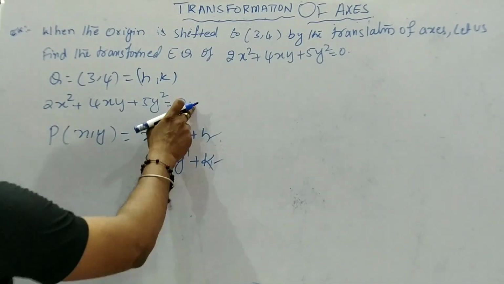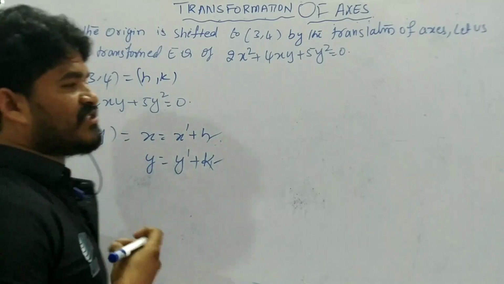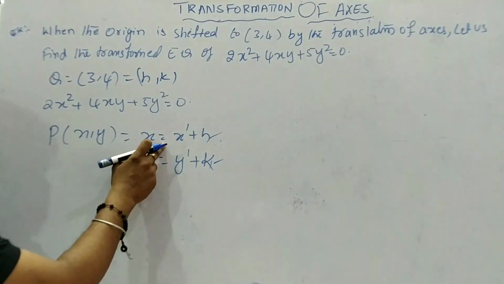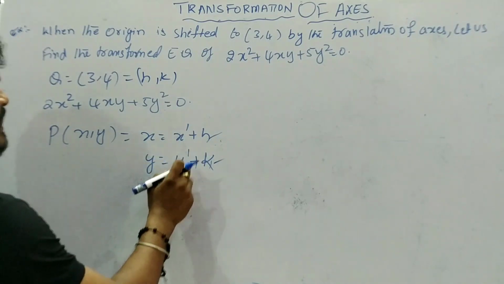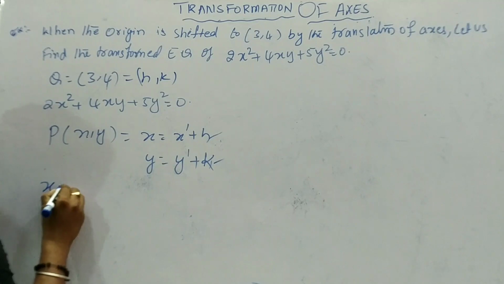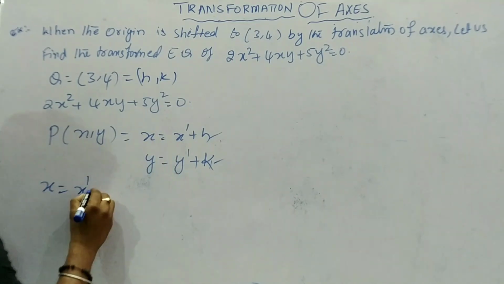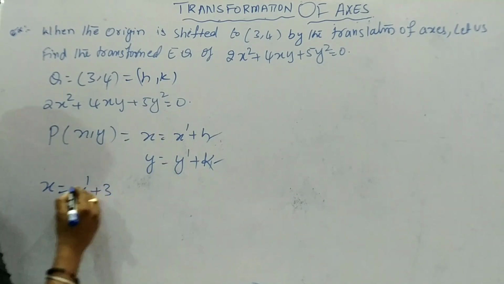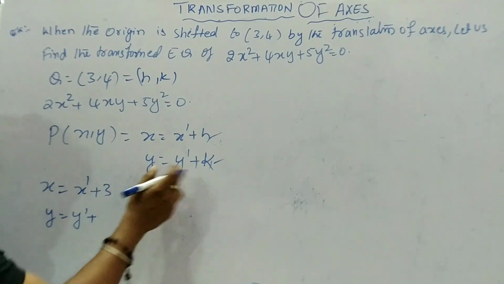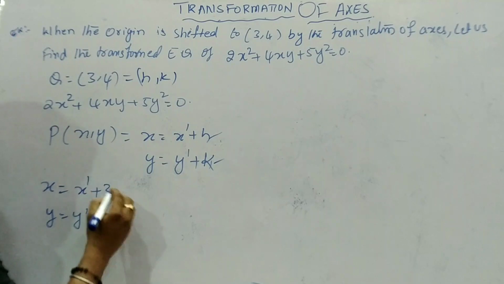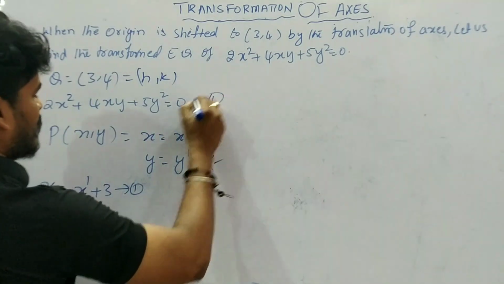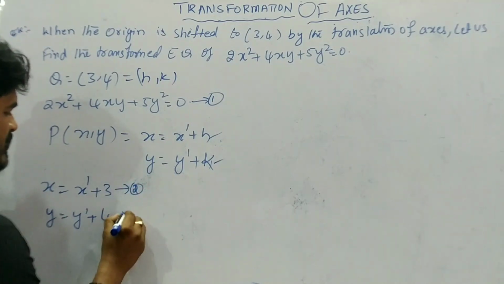After the axis is changed, x equals x dash plus h, y equals y dash plus k. What is the h value? 3. And the k value? 4. So assume these are equation 1, equation 2 and equation 3.